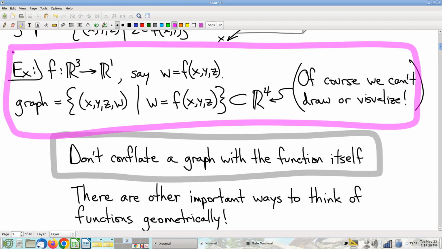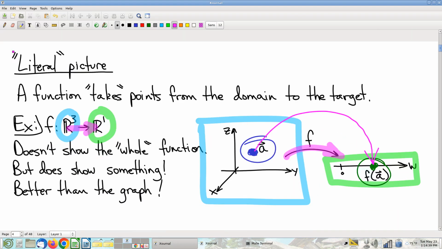Oh, that's right, we can't draw that picture. All right, so in a fair comparison, the graph is a 100% loser in this case. And this literal picture kind of wins by default, right? But still not particularly inspiring.